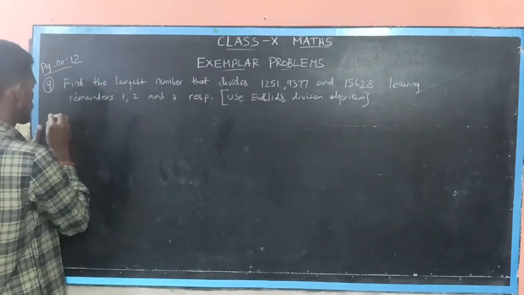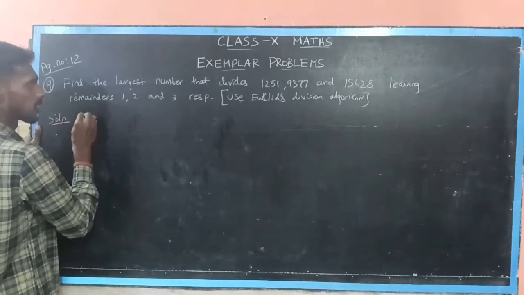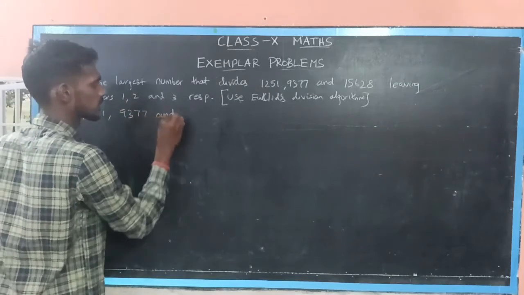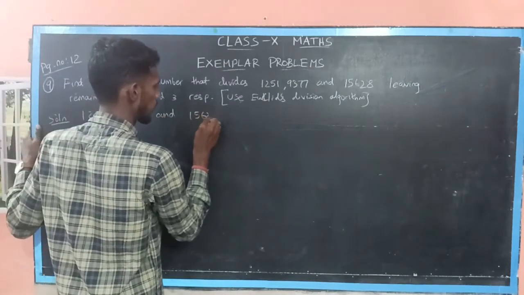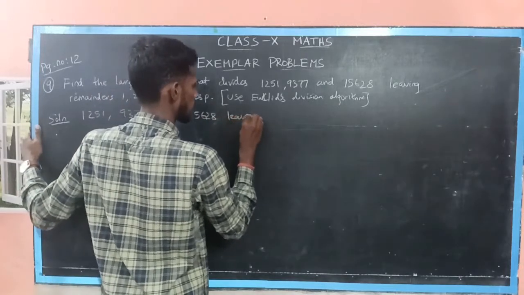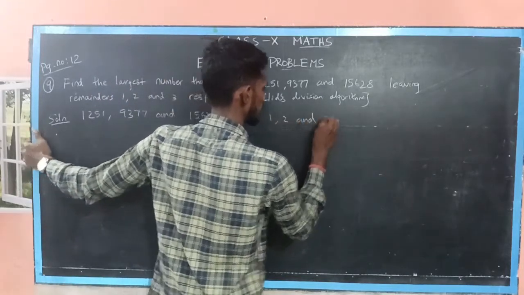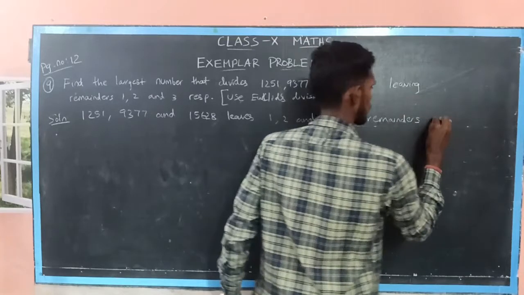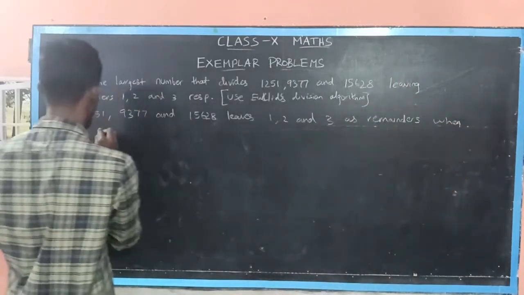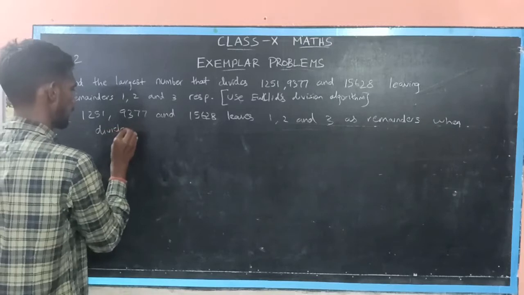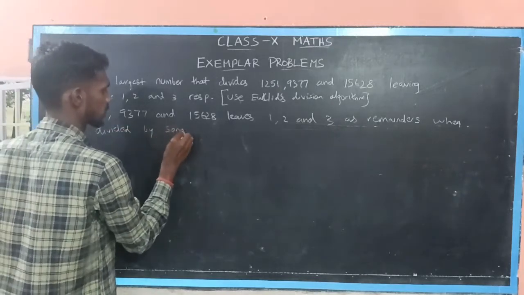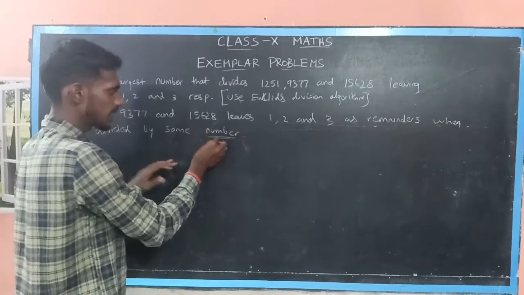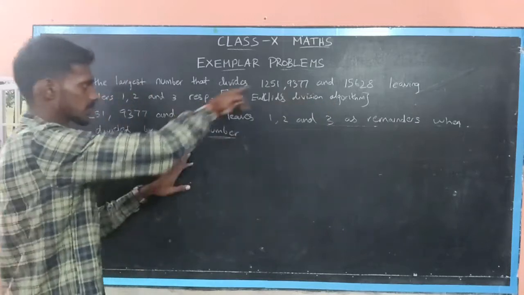So, solution: 1251, 9377 and 15628 leave 1, 2 and 3 as remainders when divided by some number. So, I have to find this number. This number is nothing but the highest common factor between these three numbers.